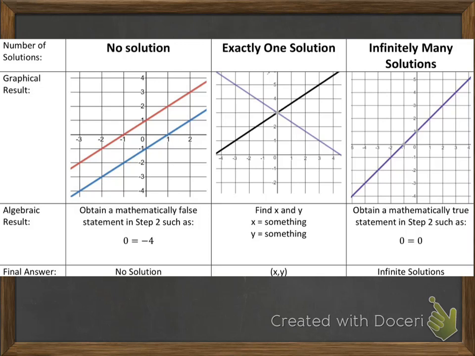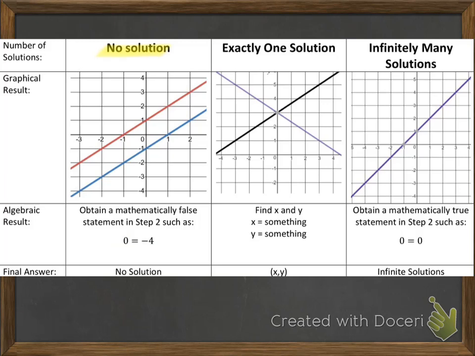So let's look at this chart. As you can see, the first column here shows a graph of two parallel lines, which of course have no solution. But what if I wanted to use an algebraic method? What would that look like algebraically? Well, algebraically, if I solved a system that had no solution, I would obtain something that is clearly untrue. For example, if I ended up with something that said 0 equals negative 4.